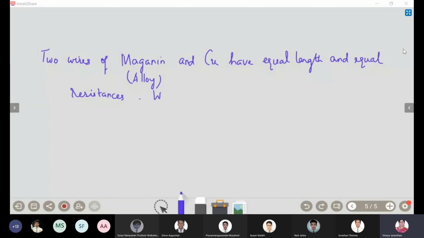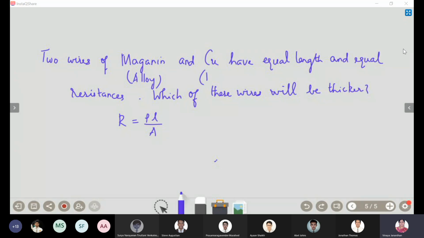Which of these wires will be thicker? So R is equal to rho L by A. Yeah, that's it. An alloy will always have a resistivity greater than your metal.